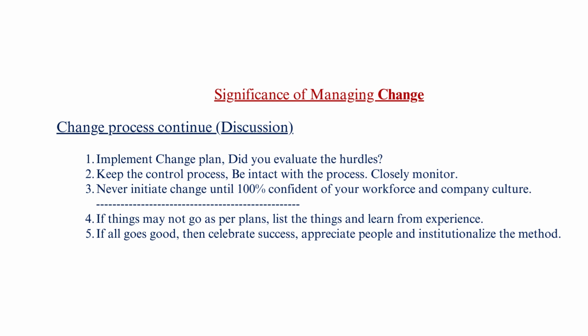Or if you observe some people are not motivated, they're not cooperating, you have to remove them, you have to change them. But why can this happen? Because you did not plan well. If you plan well, you will not need such aspects to happen during your change process. But you got to be very intact, very connected with the process, closely monitor that things are moving in the right direction.